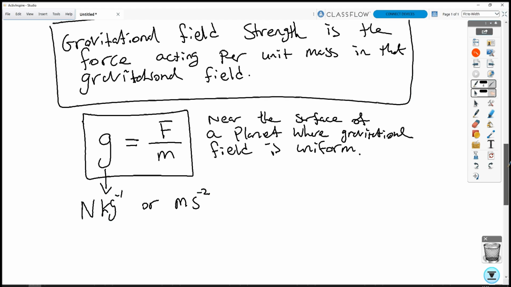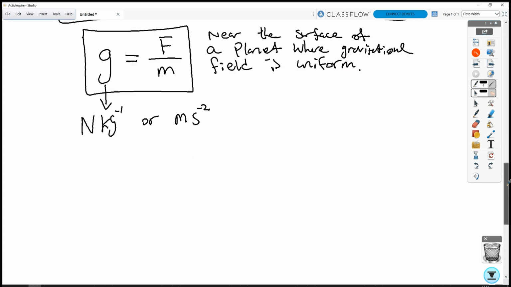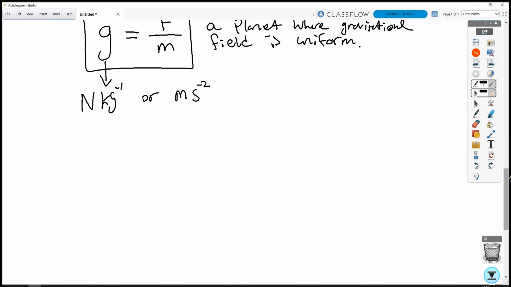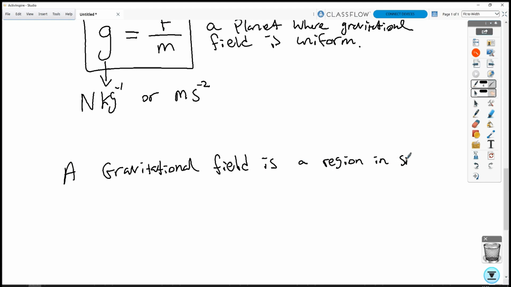Now we've been using a word here, gravitational field. So we have to be able to define what gravitational field also is. So a gravitational field is a region in space where a mass experiences a force.